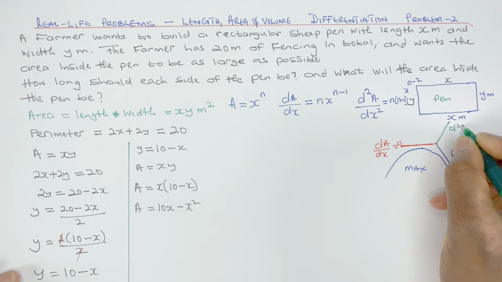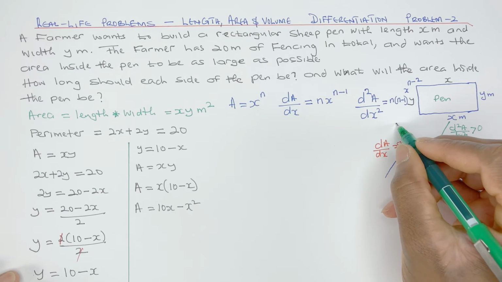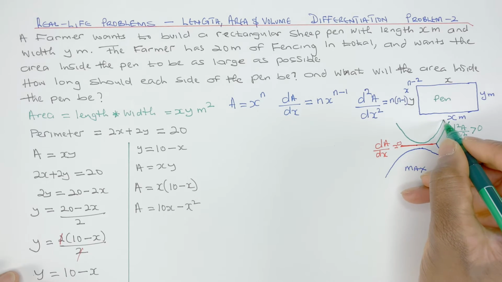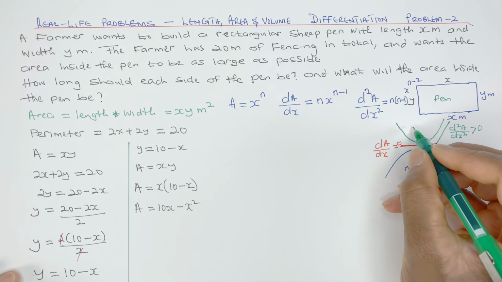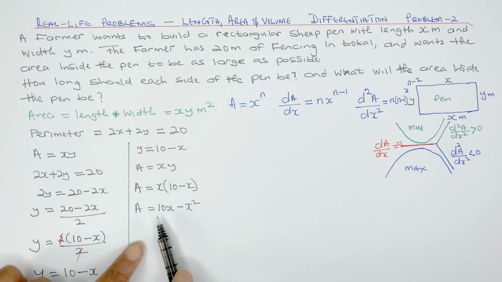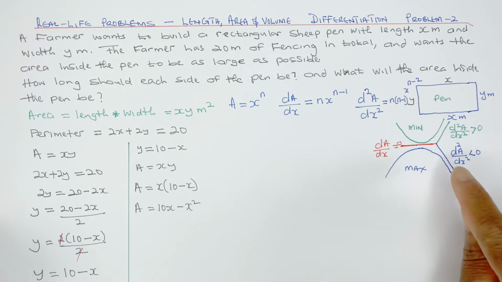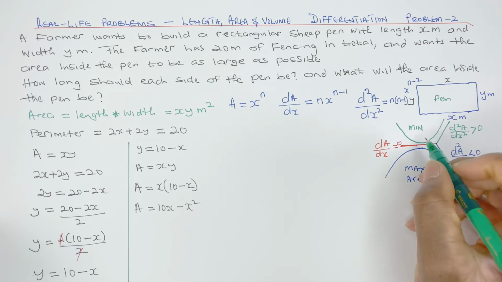If you have d squared A over dx squared greater than 0, well, then that would be a minimum, because from 0 to positive gradient is a minimum. So you can see we got a function now, and we want the maximum. If it's positive, then it will be minimum area. So this will be a maximum area, and that will be a minimum area.